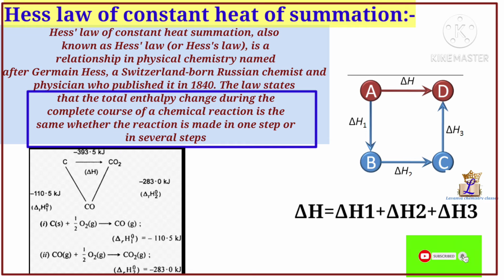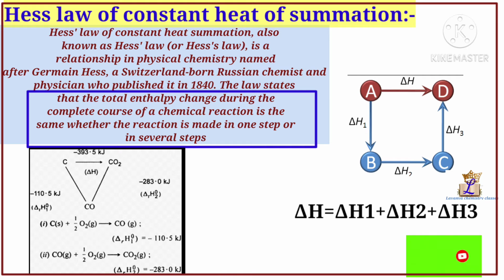in path 1, A changes to D directly in a single step. Delta H is the total enthalpy change. In the other path, A to B the heat is delta H1, B to C the second step is delta H2, and C to D the heat is delta H3.